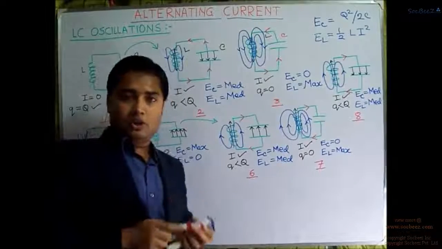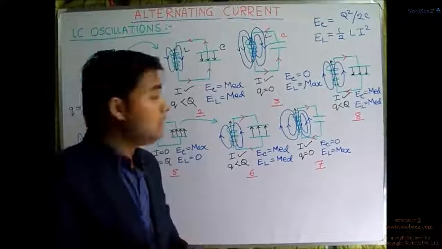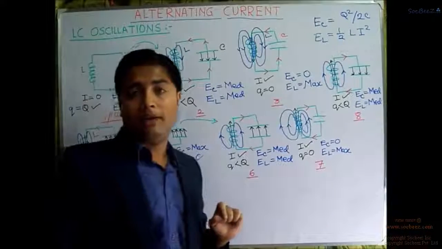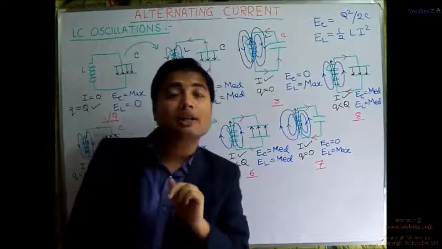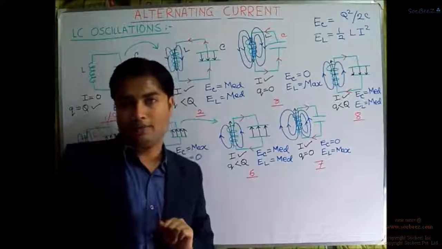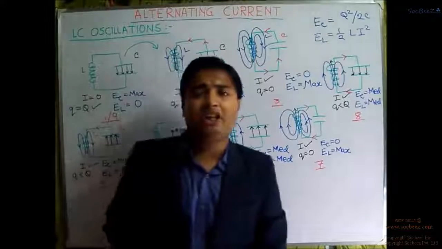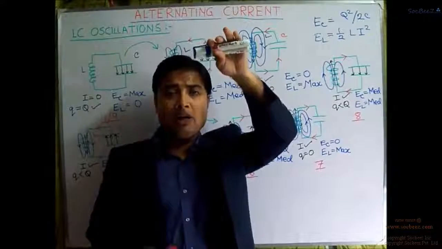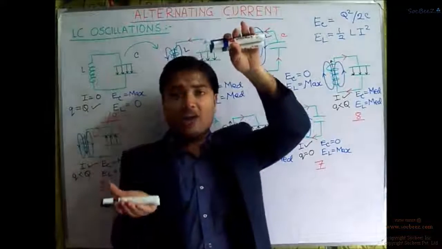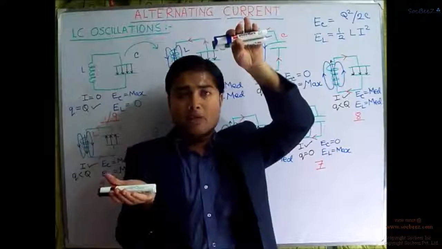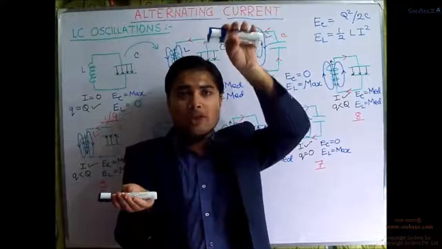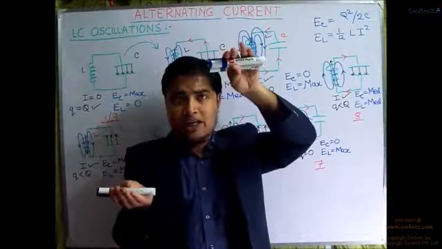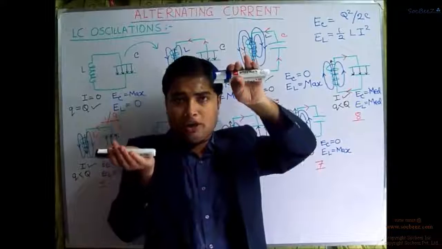Now closely observe the energy of C and the energy of L, the energy associated with the capacitor and the energy associated with the inductor. If the energy associated with the capacitor is over here the maximum, the energy associated with the inductor will be the minimum. As the energy associated with the capacitor starts to decrease, the energy associated with the inductor will start to increase.